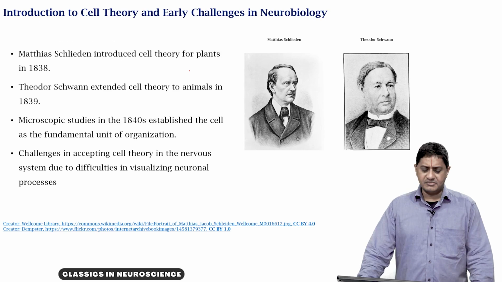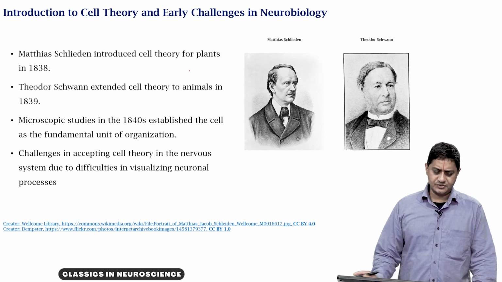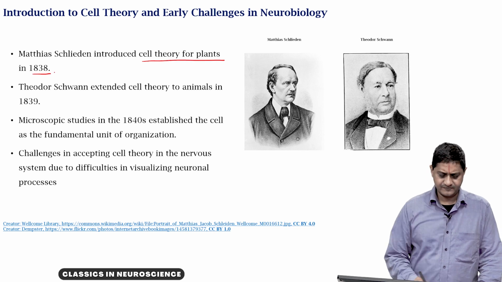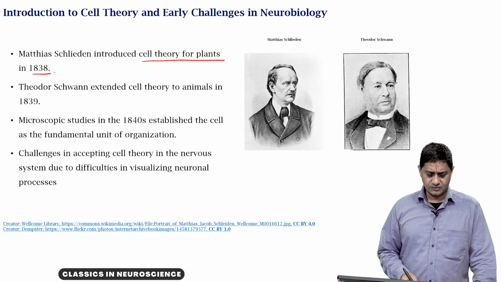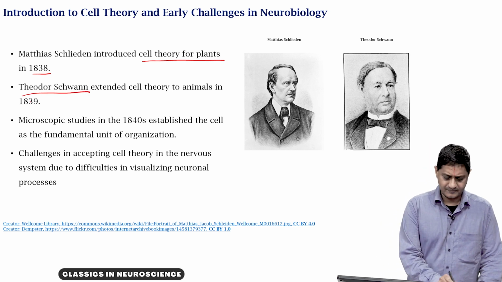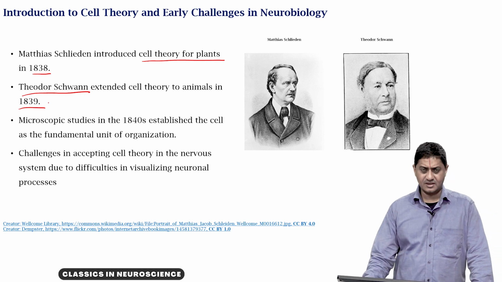So, it was Matthias Schleiden who introduced cell theory for plants in 1838. This was extended to animal cells by Theodor Schwann in 1839.